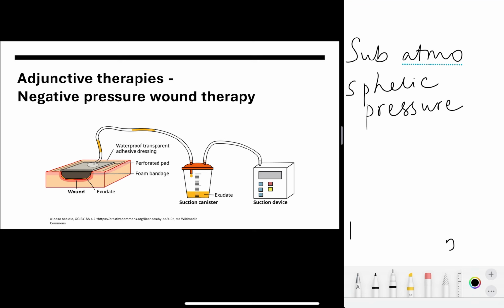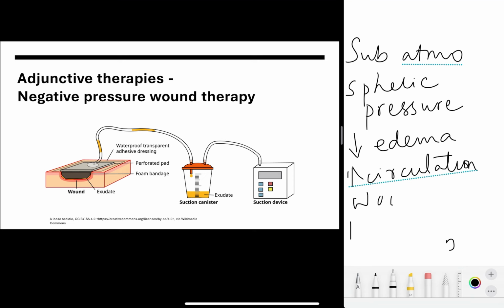So negative pressure wound therapy reduces edema surrounding the wound, stimulates circulation, and provides wound contraction. So these are the advantages of negative pressure wound therapy.